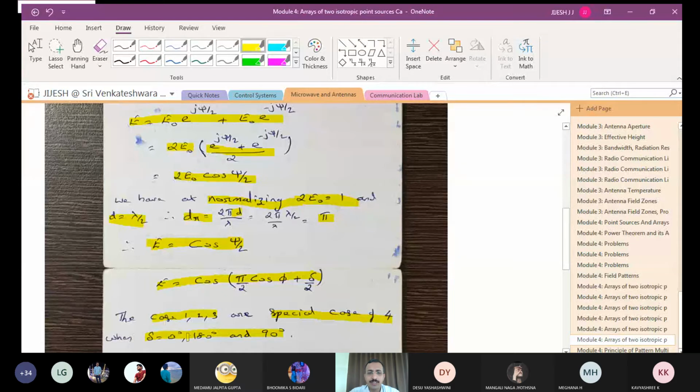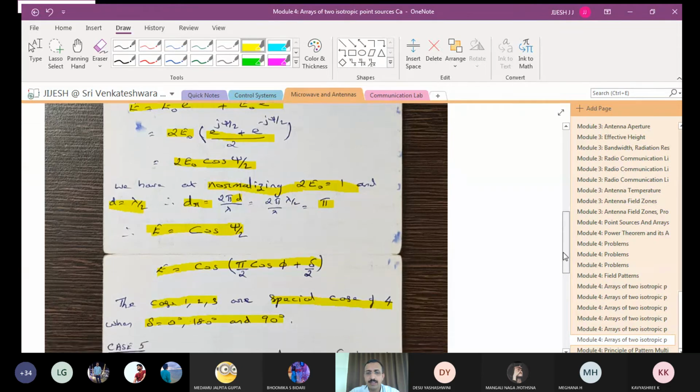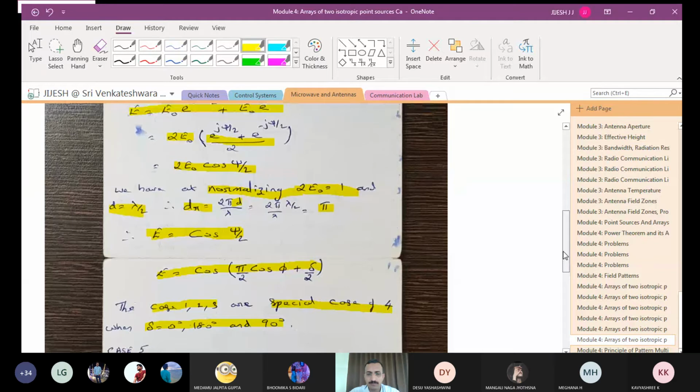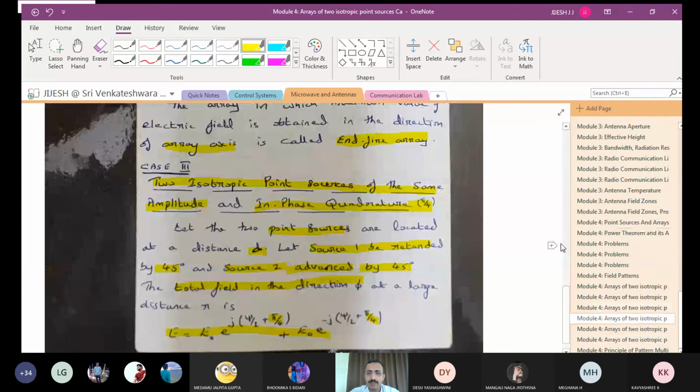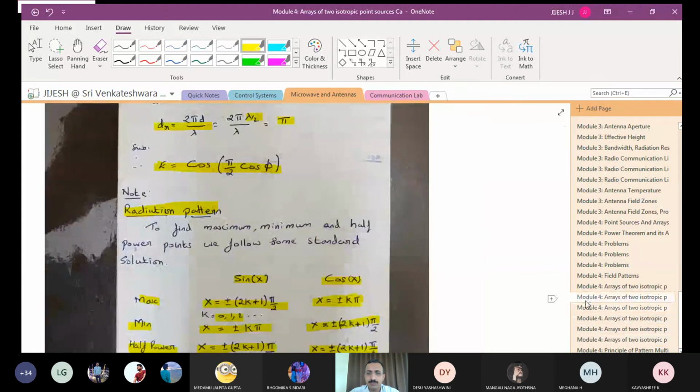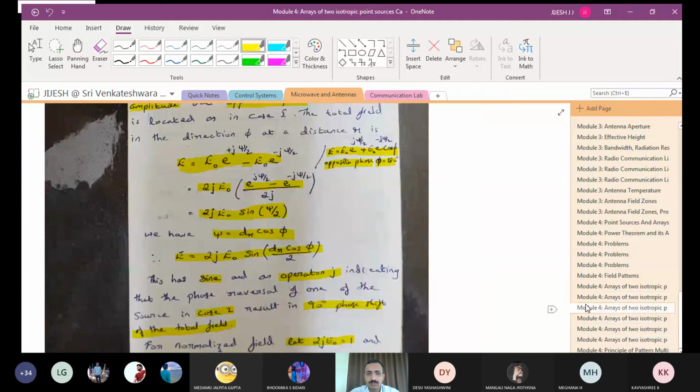Okay. Let me substitute delta is equal to 180 degree. When I substitute delta is equal to 180 degree, what are you going to get? You will be getting cos of pi by 2 cos phi plus pi by 2. In case 2 we have written the equation for case 2.